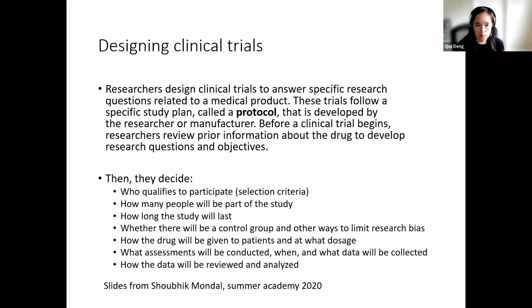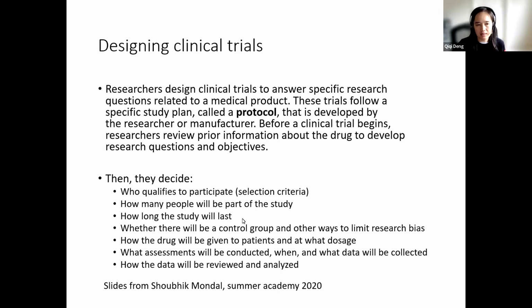Then how the drug will be given to the patient and at what doses. What are the assessments you're going to collect, and how the data will be reviewed and analyzed. So the protocol really covers a wide range of topics.